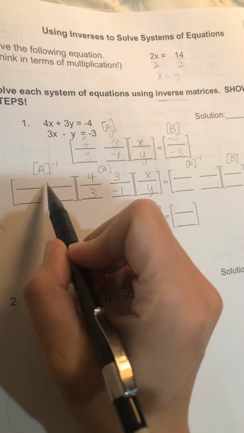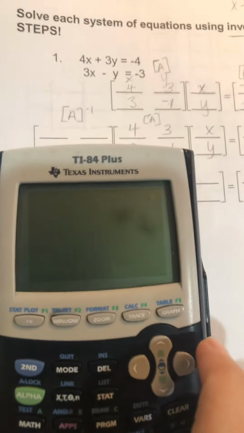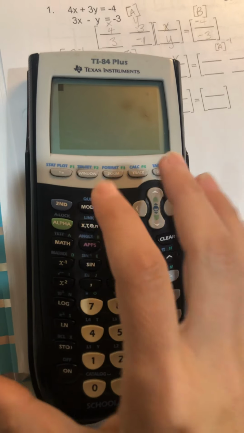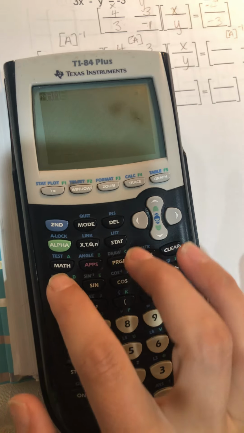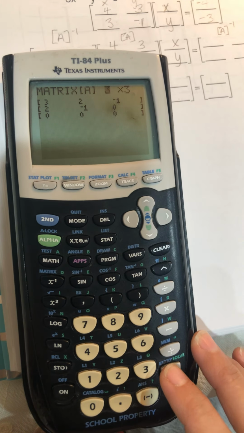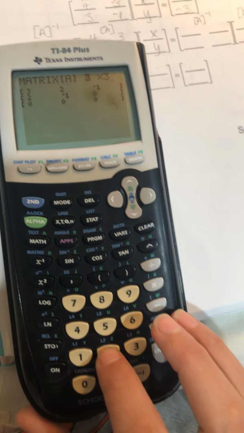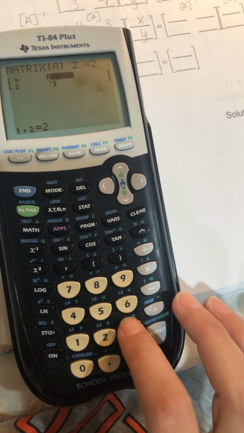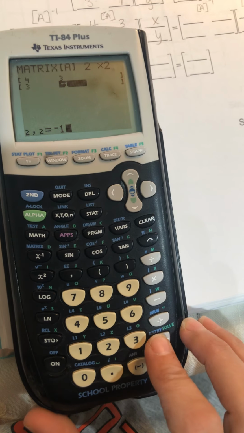So first we have to figure out what our A inverse is, and to do that, you're going to need to have your calculator, and you're going to have to type in your matrix A. So second matrix, edit, and you're going to go to A. And your A is going to be a 2 by 2, and it's going to be 4, enter, 3, enter, 3, enter, -1, enter.